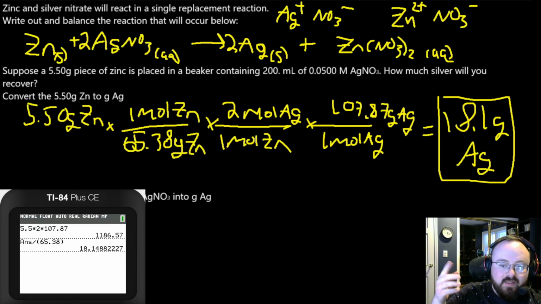Alright, so there is the first type of reaction done, converting our zinc into our silver. We get 18.1 grams of silver. Let's now get into our silver nitrate using our concentration formula.